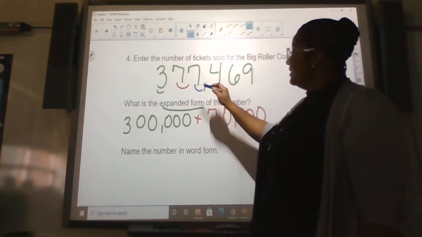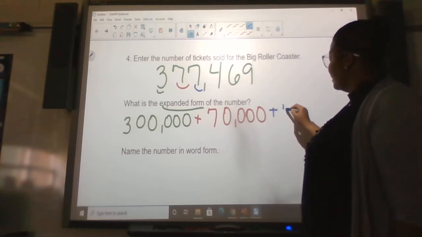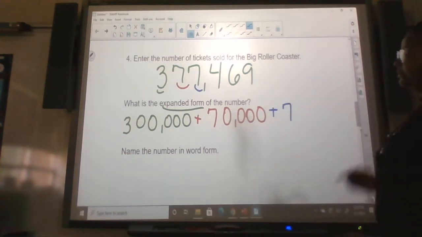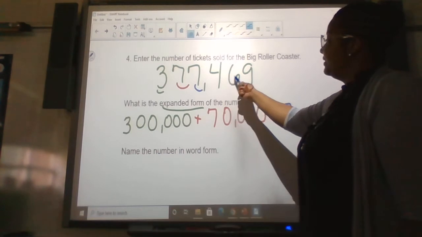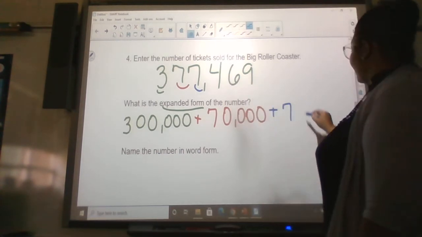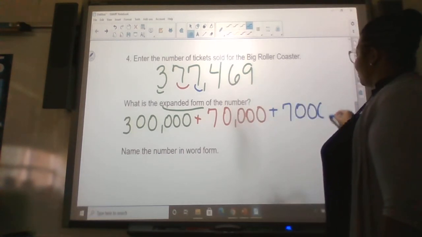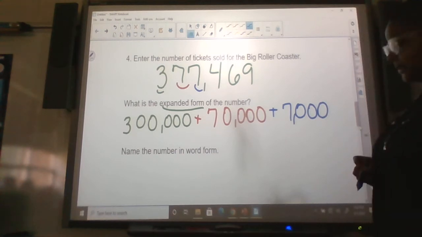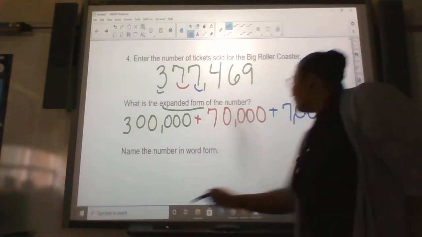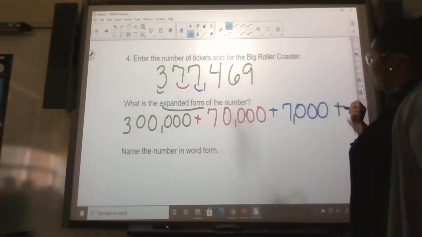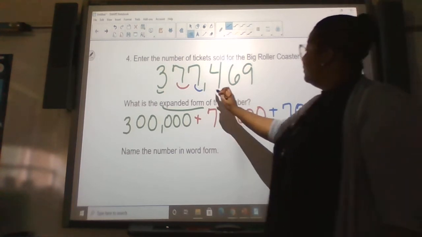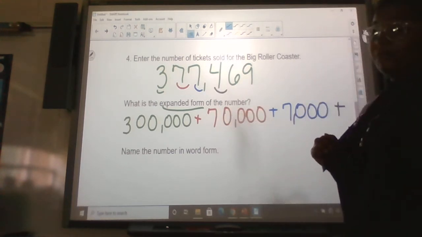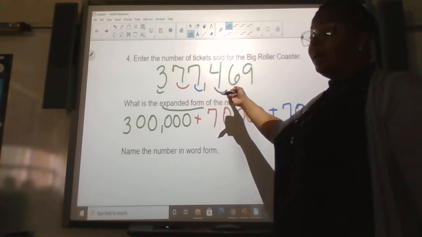Then I move to this 7 plus, write my 7. Now the 4, 6, and the 9 turn to 0. 1, 2, 3, 7,000. Plus the value of this 4, which is 400.